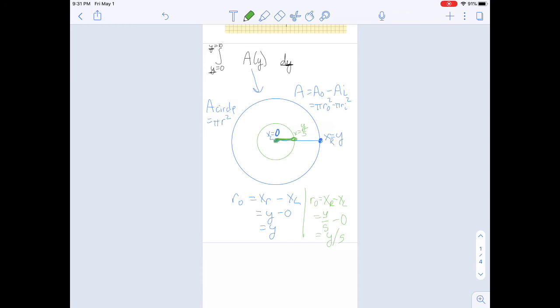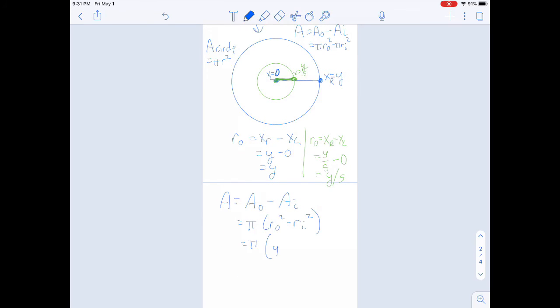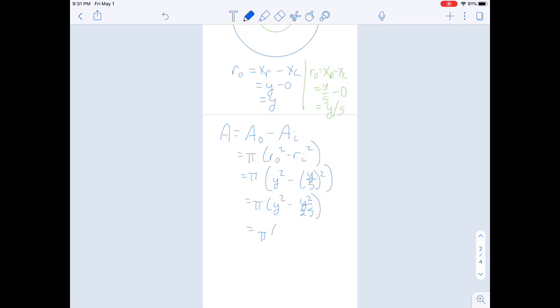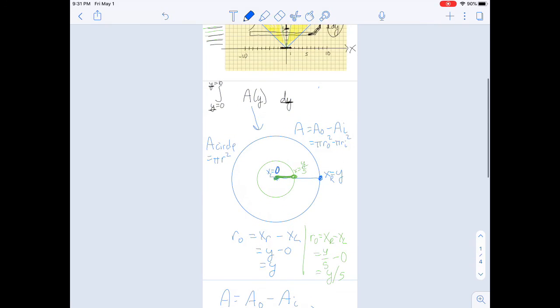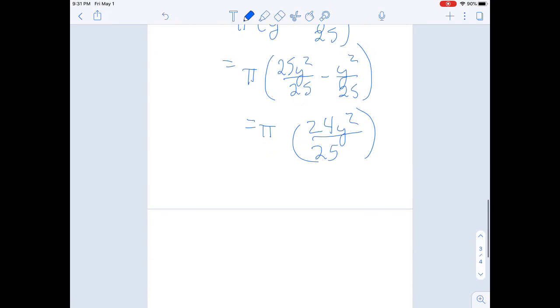So I have this area: outer circle minus area inner circle. I'm going to factor out the pi. This is going to be y squared, and this is going to be y over 5 squared. Okay, so now I have my area, and let's go ahead and sub that back into our integral. So we'll recopy that down here. Let's give ourselves some more space.